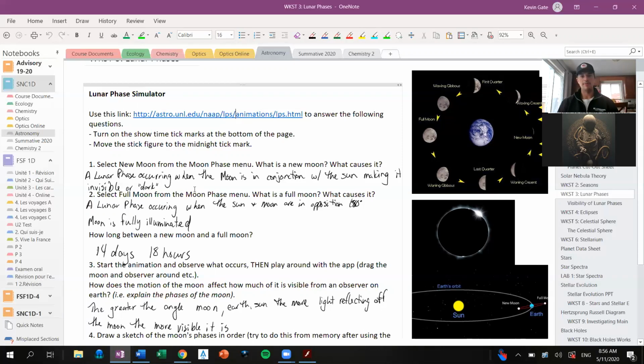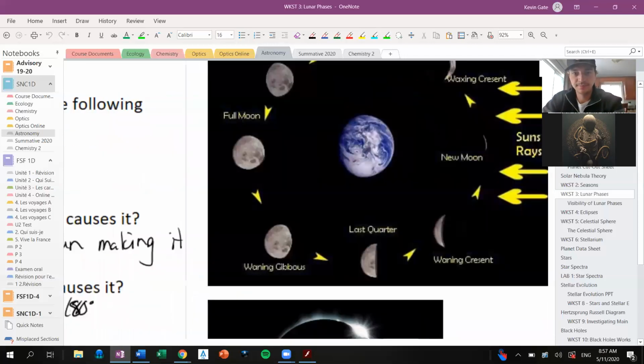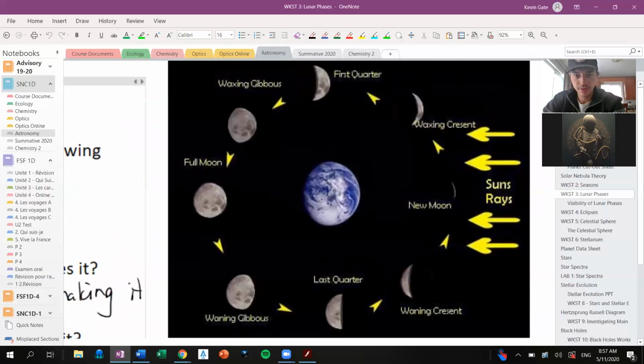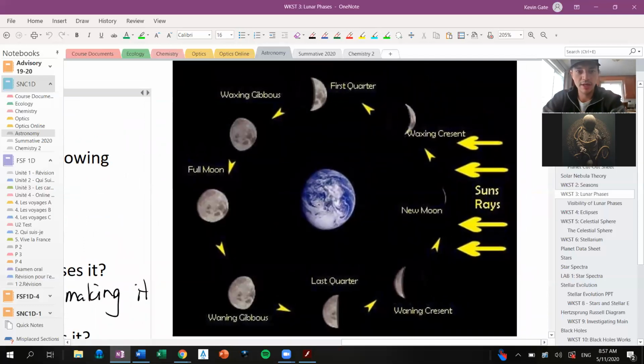So this worksheet is designed to help you simulate the lunar phases and understand what's happening as we progress through them. Before we start with that, we should define a few terms. This image on the right here is all of the phases of the moon. Starting at the new moon on the right-hand side, as the moon rotates around our planet, it becomes a waxing crescent.